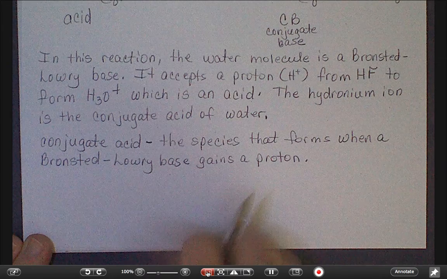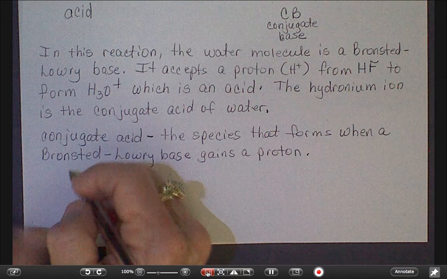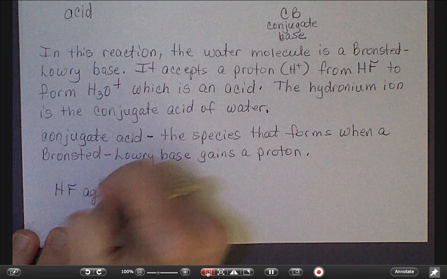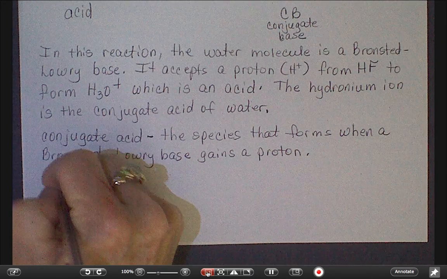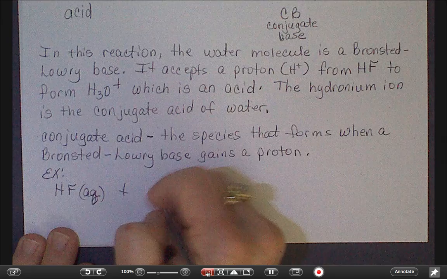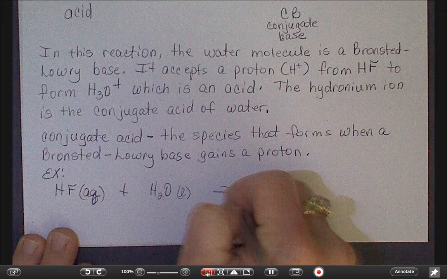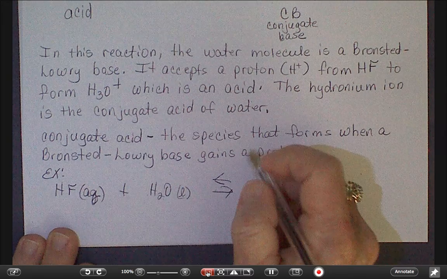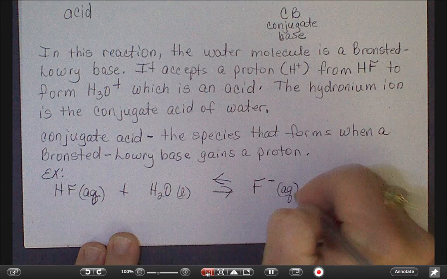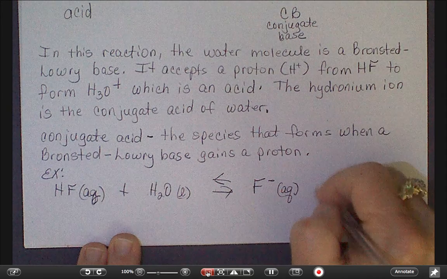Okay, going back to our same reaction. So we've got HF aqueous. That's a Q and not a G. This is our example again. Plus H2O, F minus, and H3O plus.